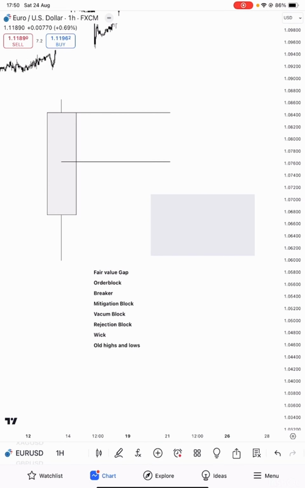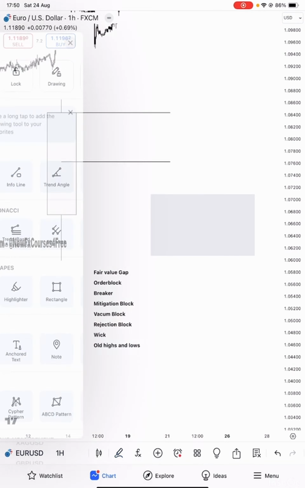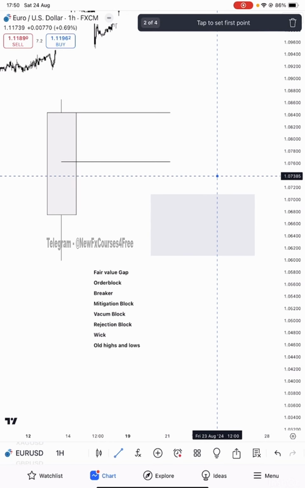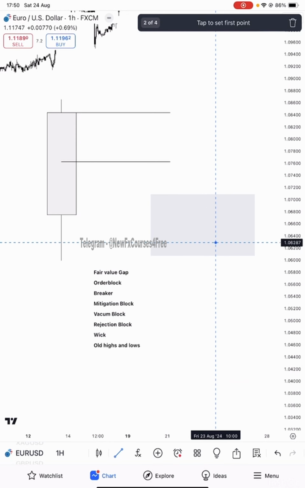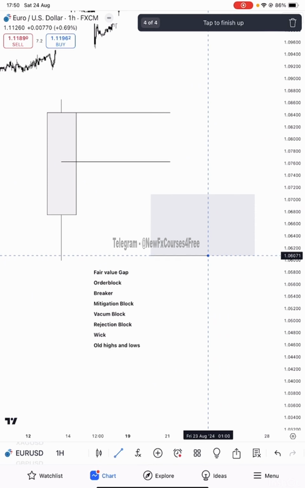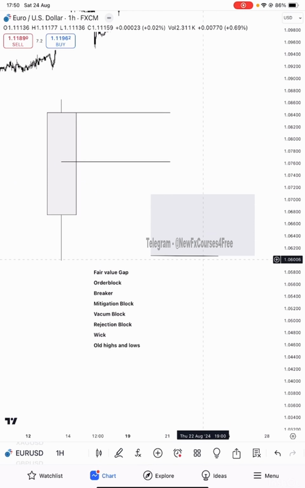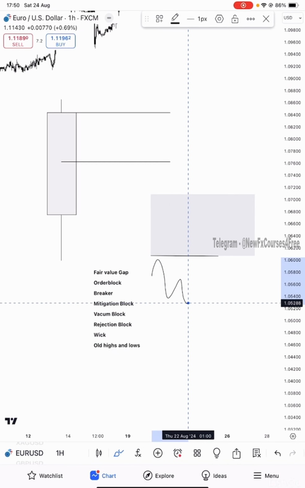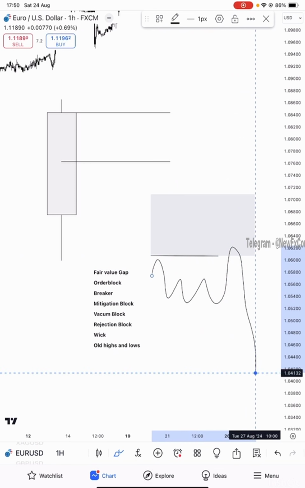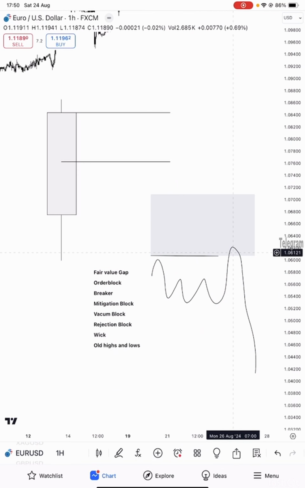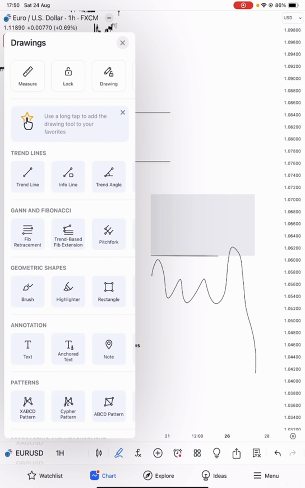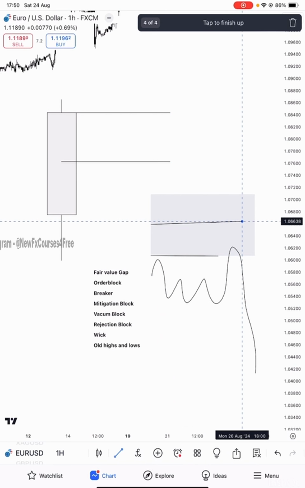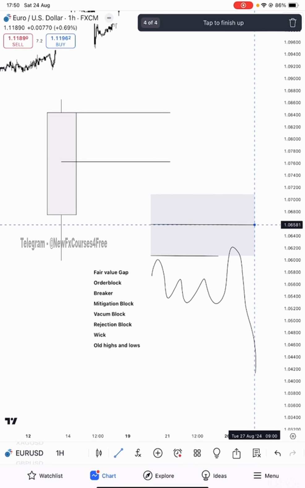Then, intricacies of fair value gap, the same. This is a fair value gap, and the sensitive areas are the high of a bullish fair value gap or the low of a bearish fair value gap. Because let's take a bearish fair value gap as an example. When price, this is high on a lower time frame, this is a lower time frame turtle soup, and that's why it is a sensitive area.